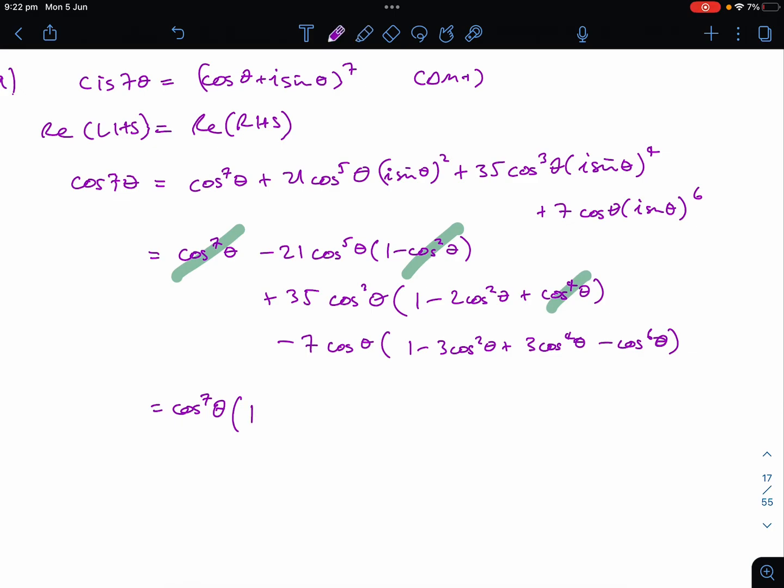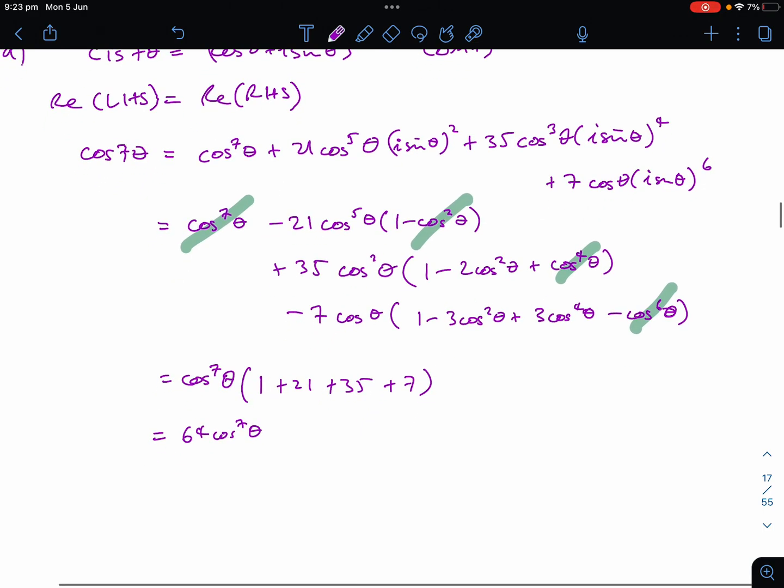So it's 1 plus 21 plus 35 plus 7, which is 63? No, actually 64. 5, 6, 7, yeah. So 64 cos to the power of 7 theta. There's a lot of opportunities for getting these wrong, so I'm just double checking the answer as I go, and it's right. That is 64 cos to 7 theta.